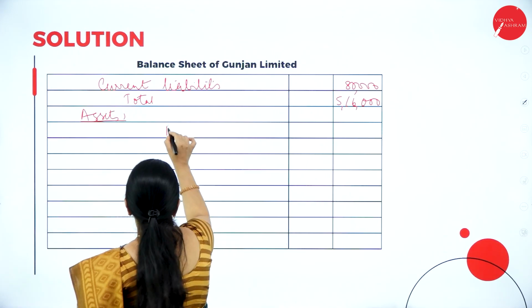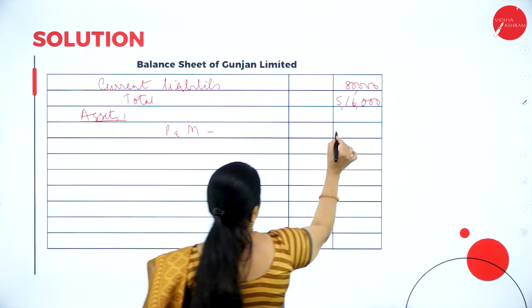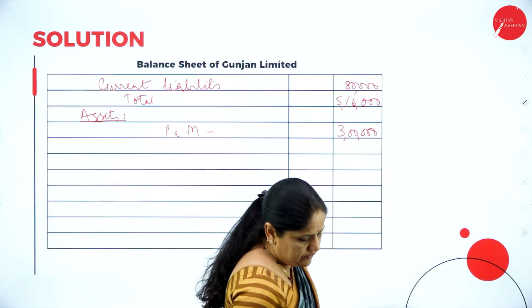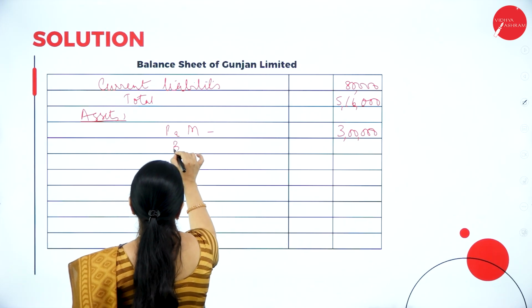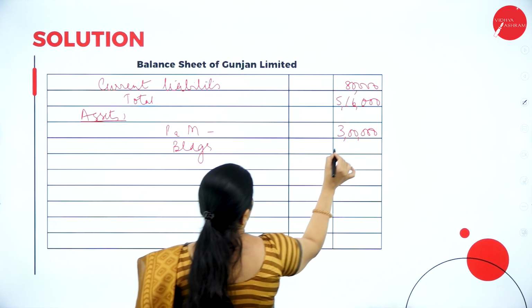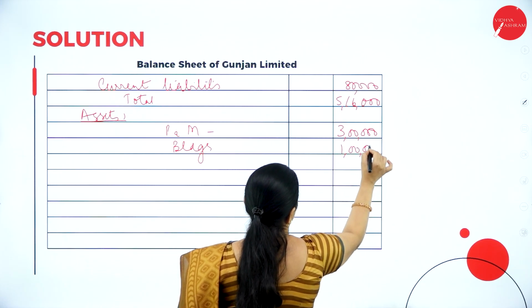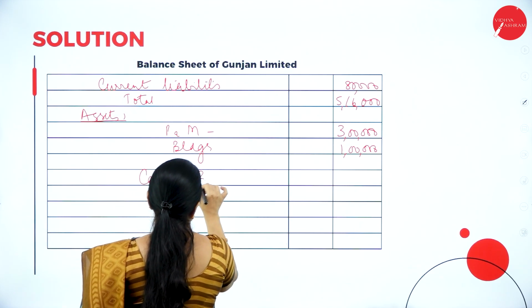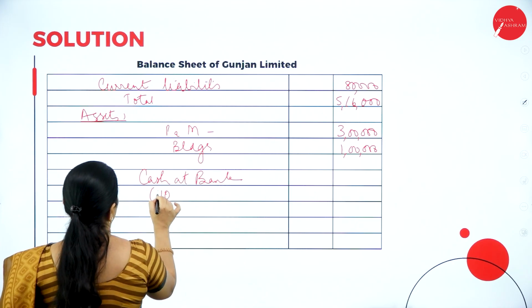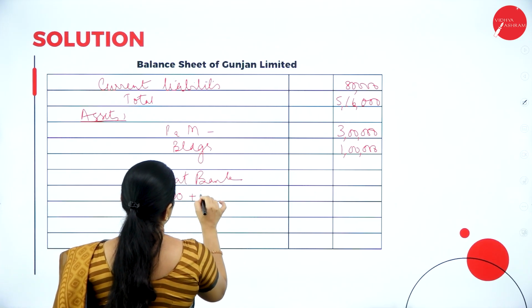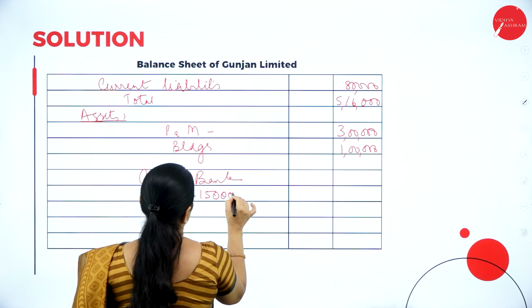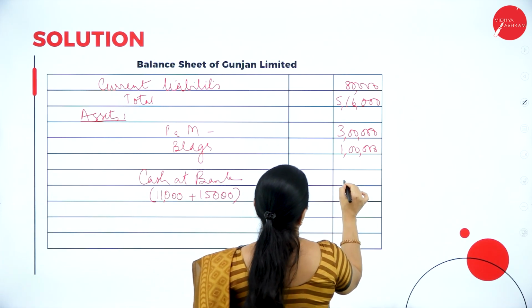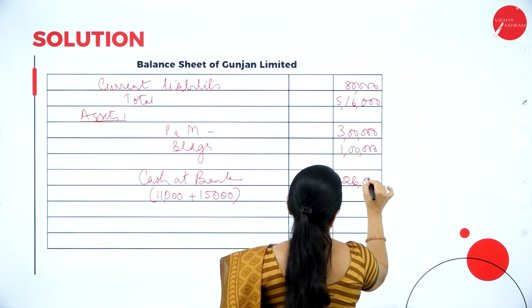Now in the asset side, we have plant and machinery 3 lakhs. Then we have the buildings 1 lakh. Then cash at bank will be 11,000 plus 15,000, so that will be 26,000.